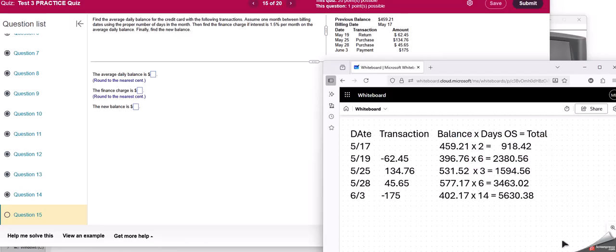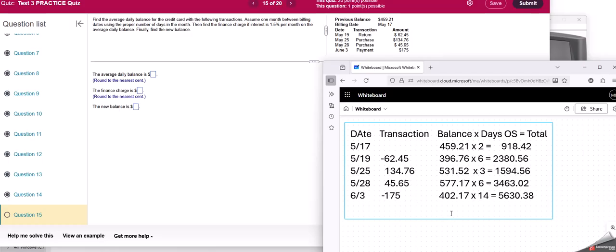Okay, so add these up. $918.42 plus $2,380.56 plus $1,594.56 plus $3,463.02 plus $5,630.38.